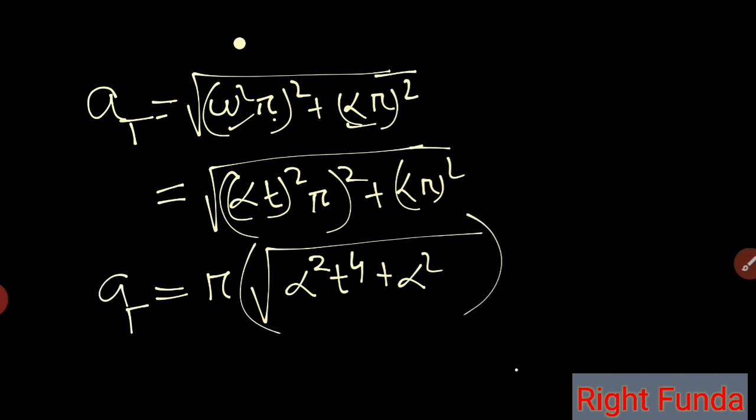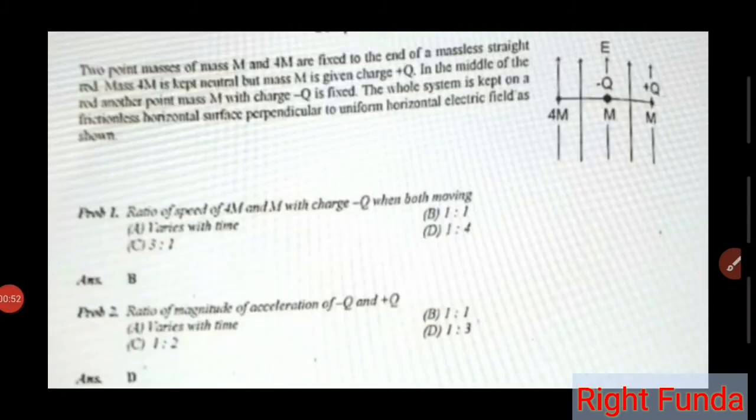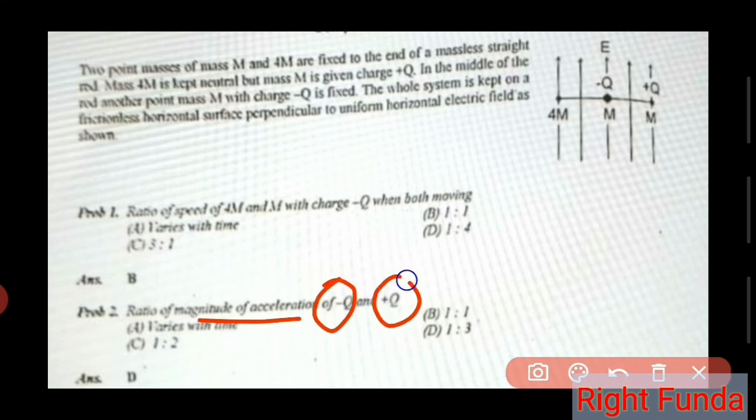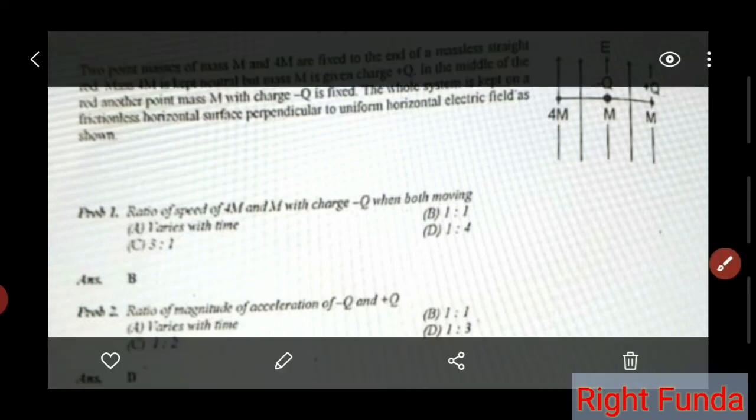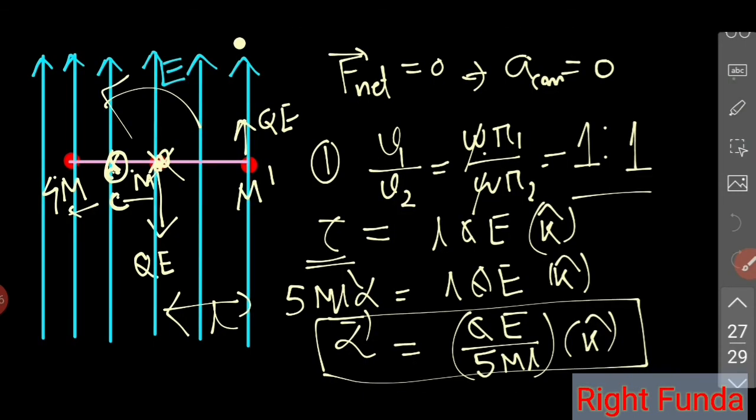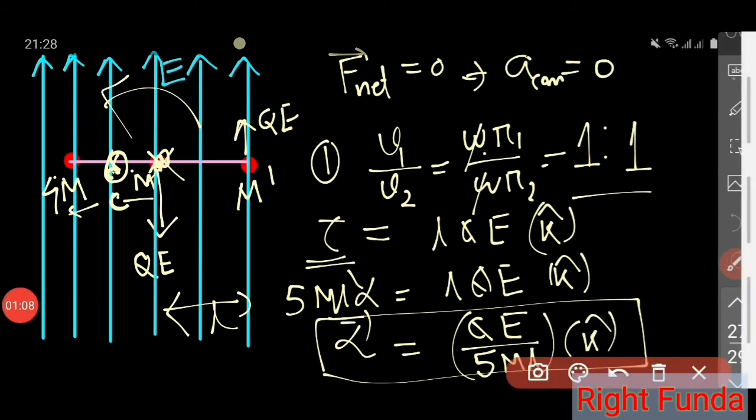If you see for both the charged particles, whichever you take, alpha is the same and omega at a given time is the same for both. So what will be different is their radii. The question asks about the ratio of the magnitude of acceleration of minus q and plus q. So we'll see where the minus q and where the plus q are. They are rotating about their center of mass.